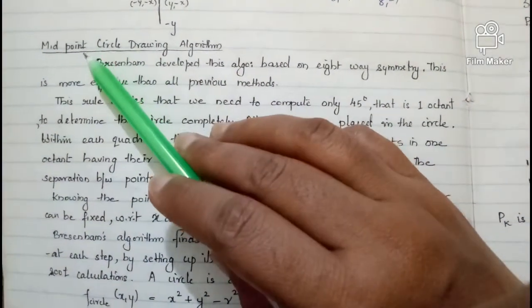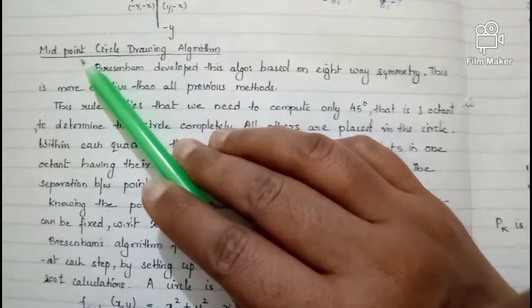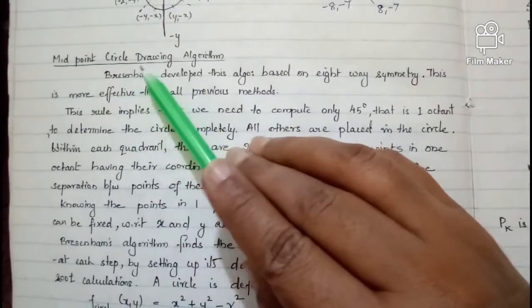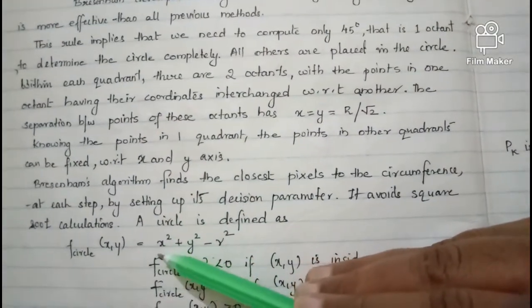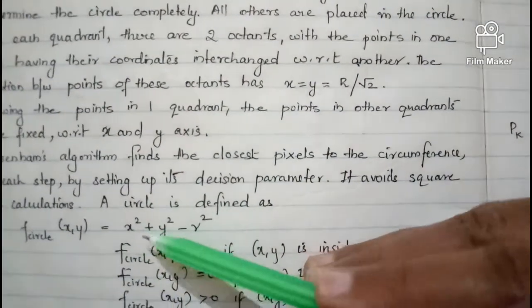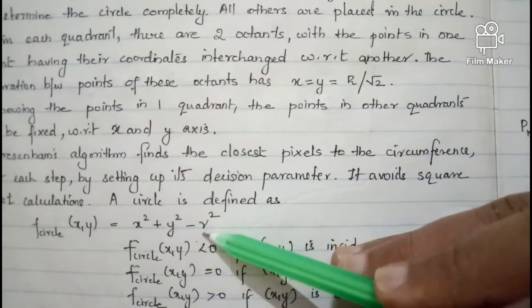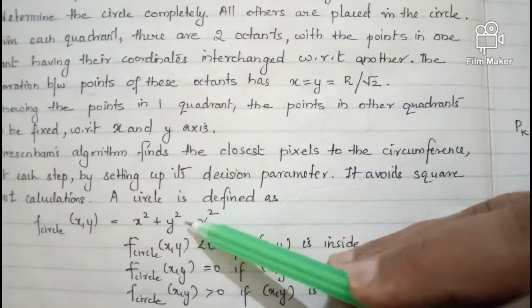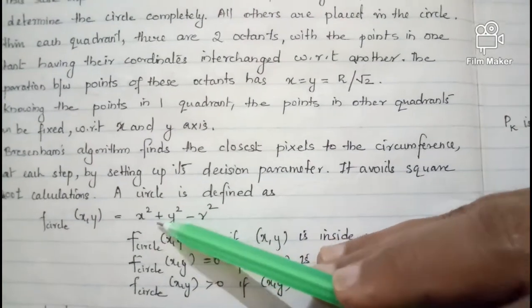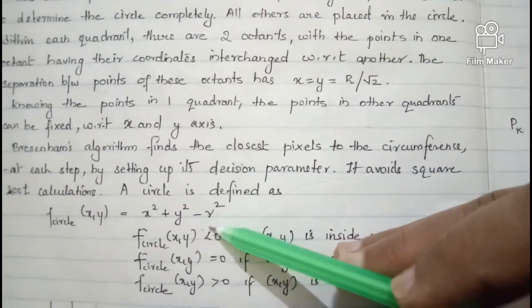So now let us move on to the algorithm. This algorithm is the midpoint circle drawing algorithm. The equation for the circle is x square plus y square equal to r square. Taking r square to the LHS, the equation becomes x square plus y square minus r square.